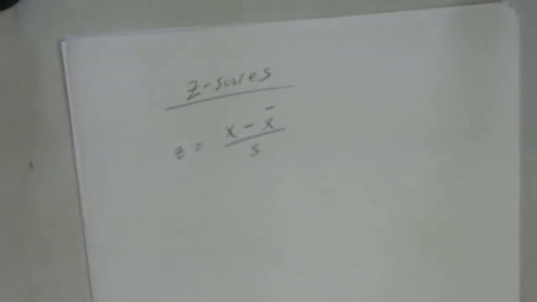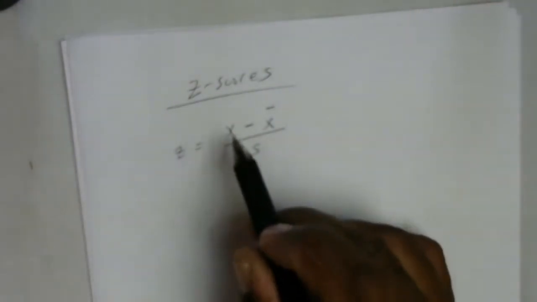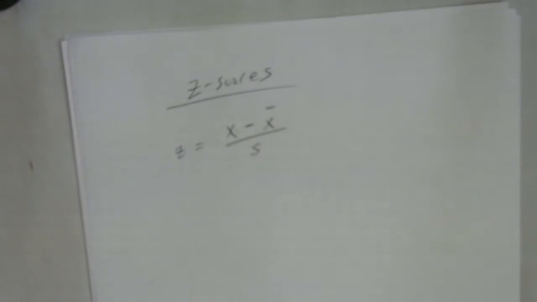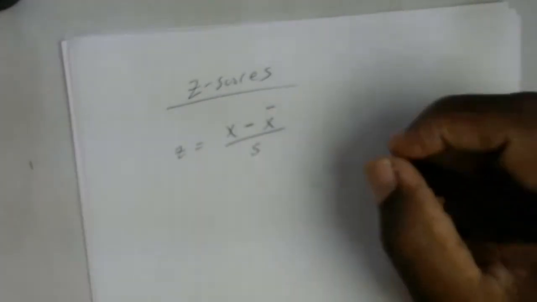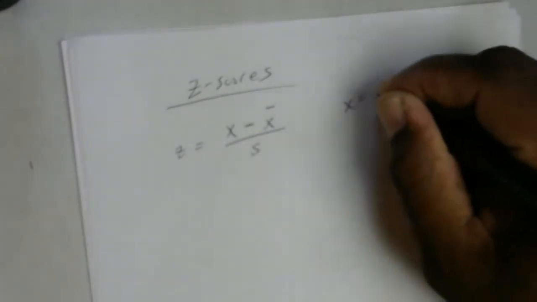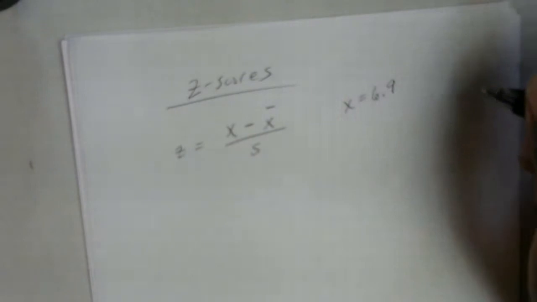So from our problem, we were given a data value, which is x, and that data value was the center's height. It said the team center was 6.9 feet tall, so x is equal to 6.9.